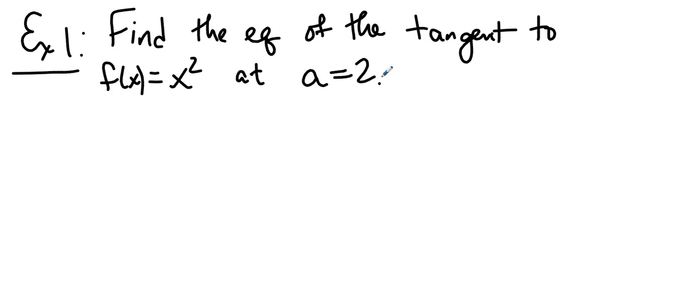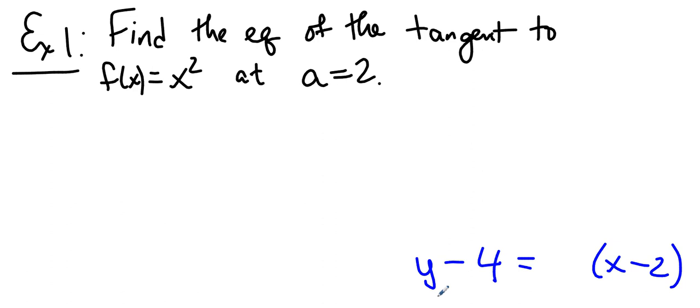So how do I find the equation of a tangent line? Well, I remember that's y minus y1 equals the slope multiplied by x minus x1. And that's where the formula comes from. So this is the x value, so the y value is 4, and then all we need is a slope. Well, how are we going to find the slope?